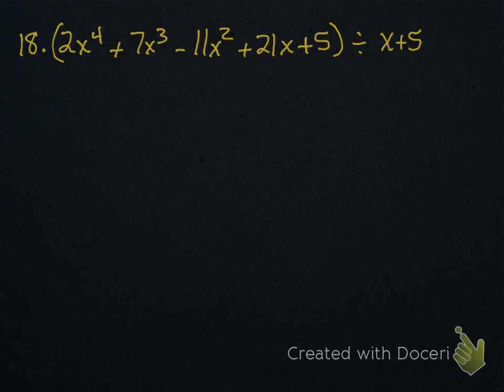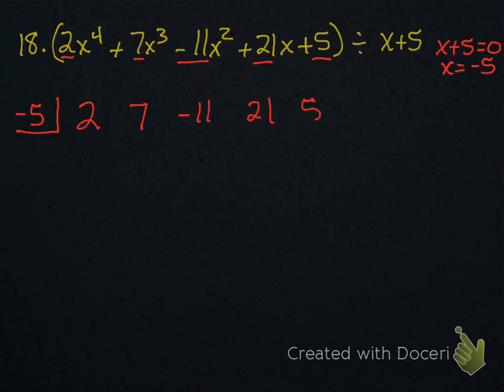Okay, let's start out writing out our x plus 5 equals 0, so x is equal to negative 5. So in my little box, I'm going to put negative 5. Now I'm going to write down my coefficients. So 2, 7, negative 11, 21, 5.